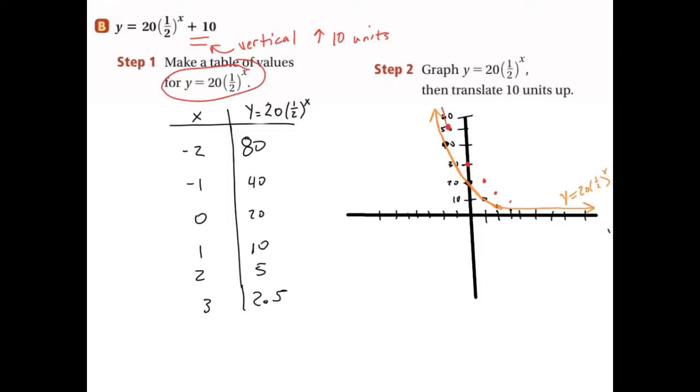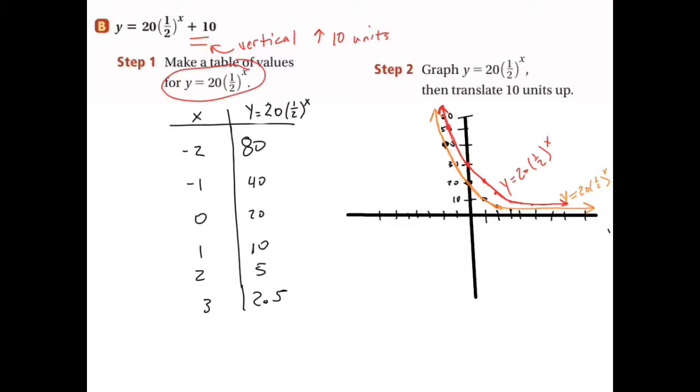We're shifting up 10, and remember, we scaled this graph differently because the other one wouldn't fit. So our graph looks like this, and it's not super accurate. This is y equals 20 times 1/2 to the x power plus 10.